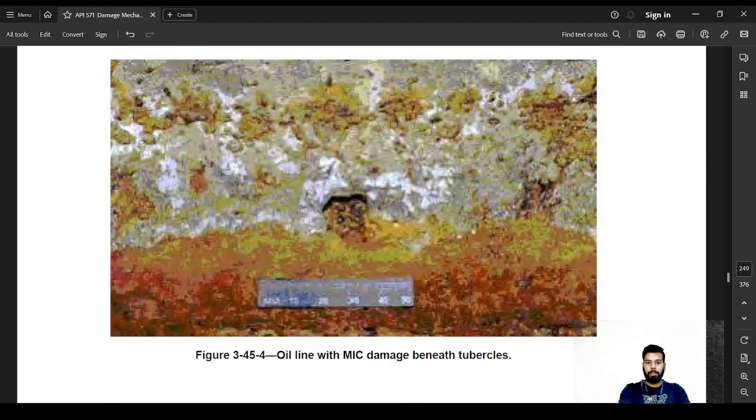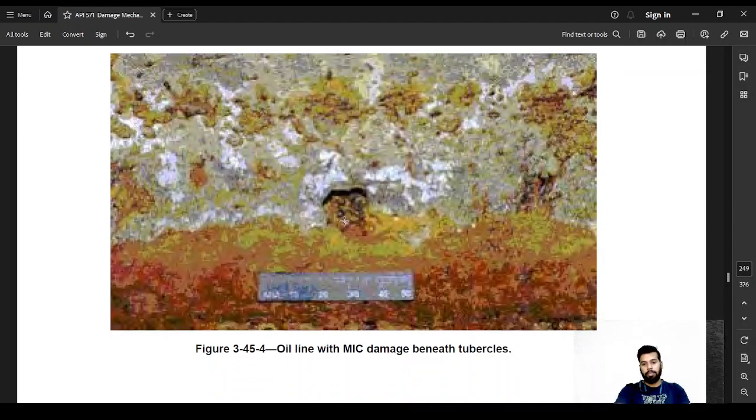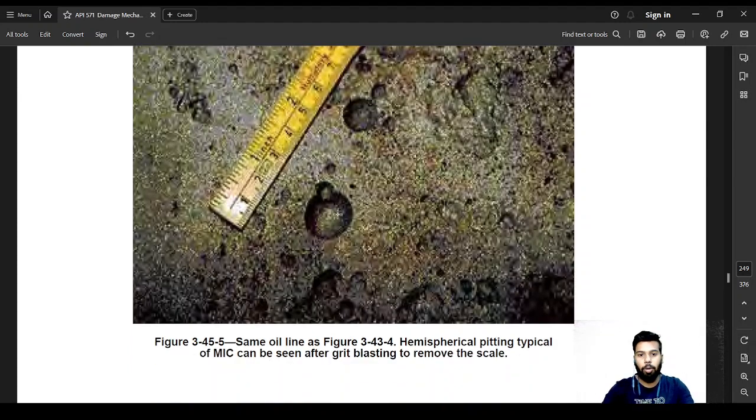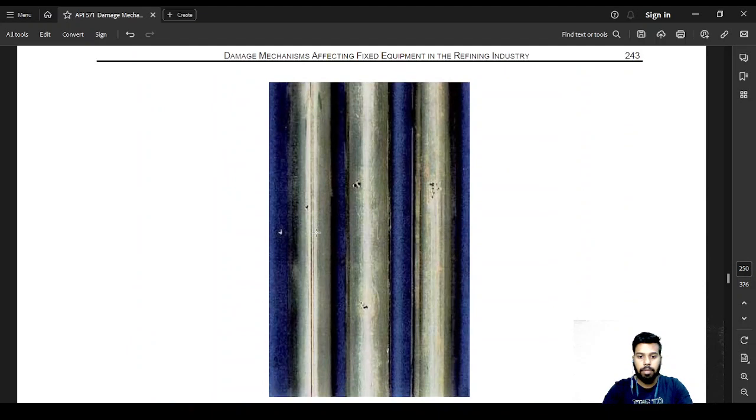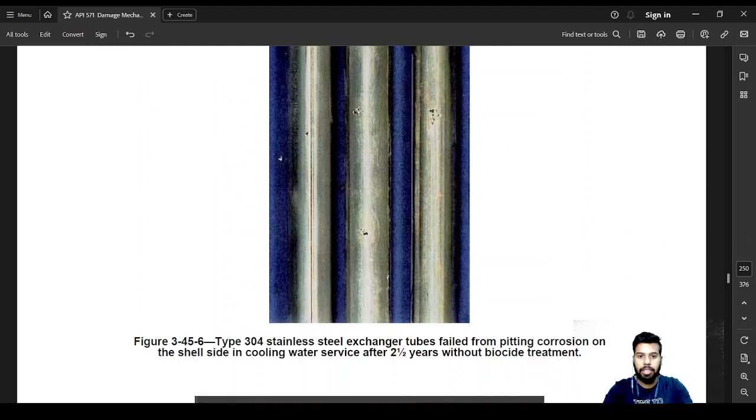Again, the same thing, this pit that we are identifying is MIC beneath the tubercles. Again, small pits can be seen. Again, these are small pits in the heat exchanger tubings.